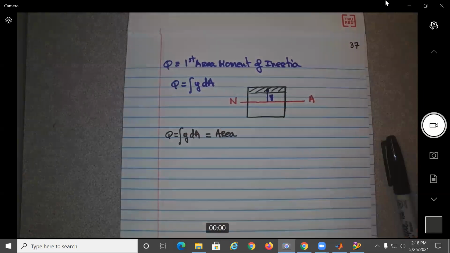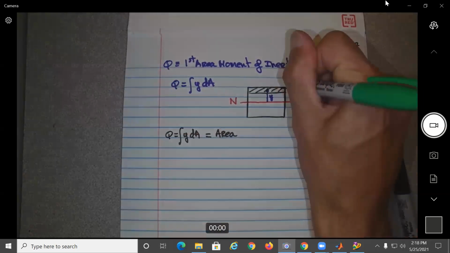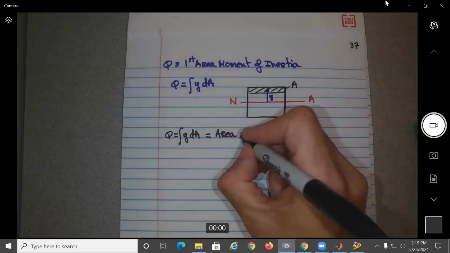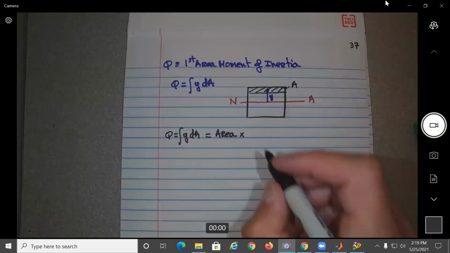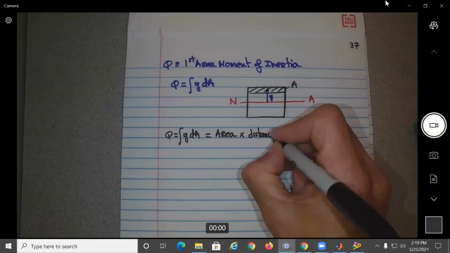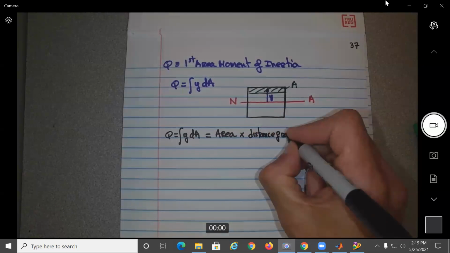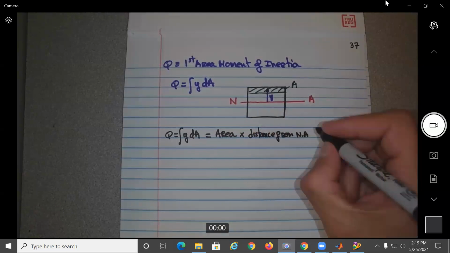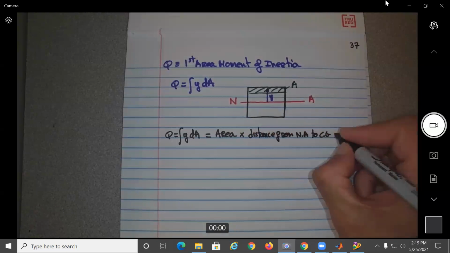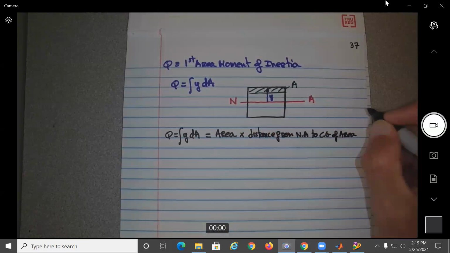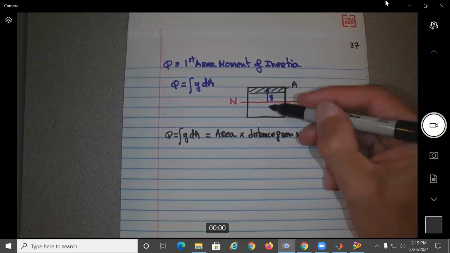In this case, let's say this could be the area here, A, times the distance from the neutral axis to the center of gravity, the CG of the area. So basically that distance over here.